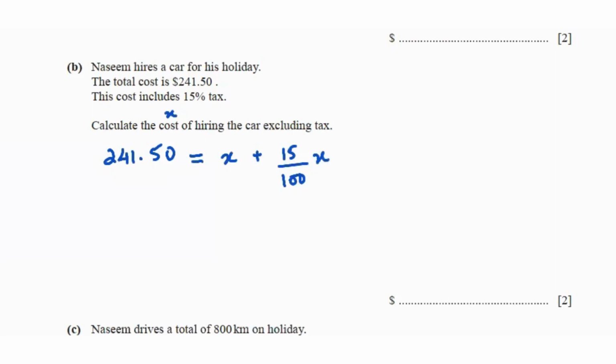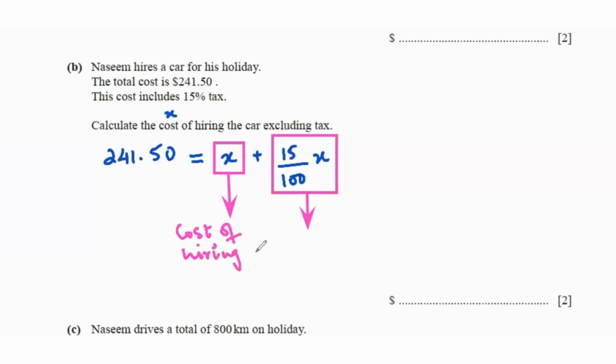So if we highlight this, this is your cost of hiring the car, and this is your tax. So we're going to solve this equation. 15 over 100 times X is 0.15.